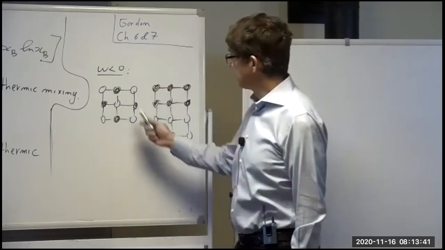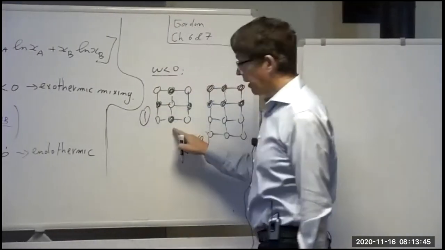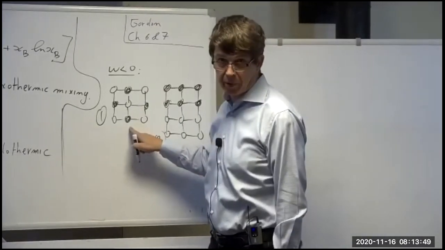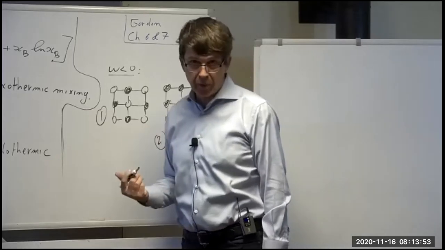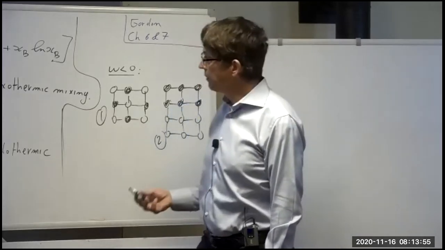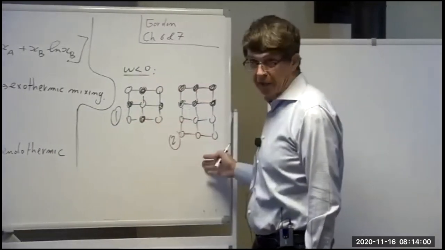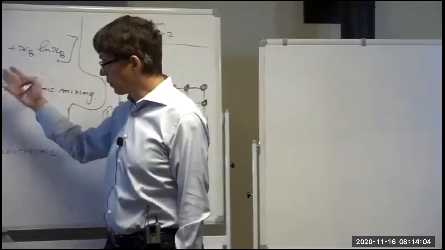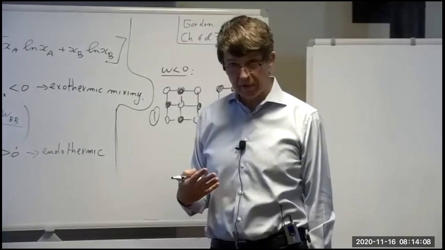This one, let's call it configuration 1, would have a lower energy than configuration 2, so configuration 1 would have a higher probability. So this is the problem with the regular solution model, that it gives the bonds energetics, and therefore your system has energetic preferences. But when it actually does the math for the entropy and for the enthalpy, it doesn't take that into account. It still assumes that you have a random solution.